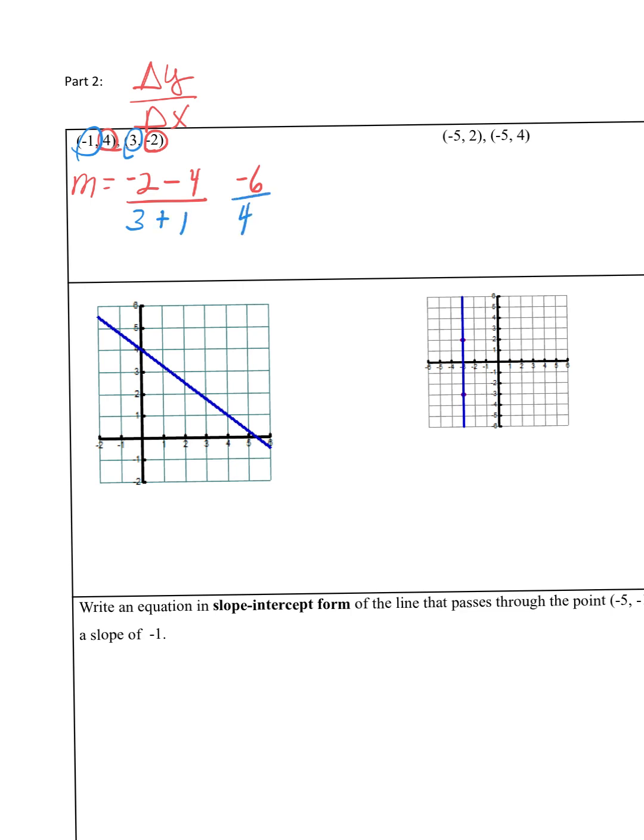And then we reduce that slope to lowest terms, and that'll be a -3/2. So negative slope, we know that this line is decreasing.